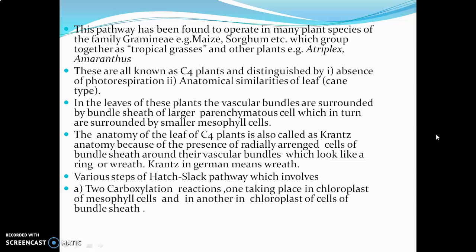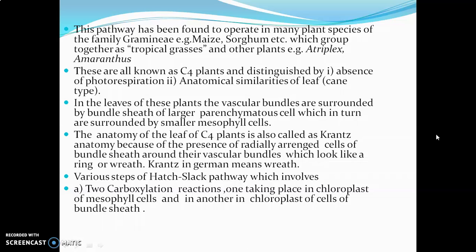The anatomy of this leaf is very interesting and characteristic. In the leaves of these plants, the vascular bundles are surrounded by a bundle sheath of larger parenchymatous cells, which in turn are surrounded by smaller mesophyll cells.